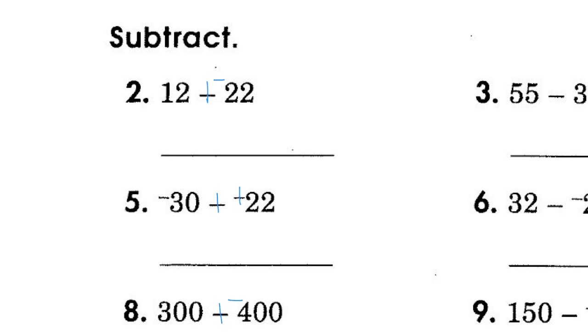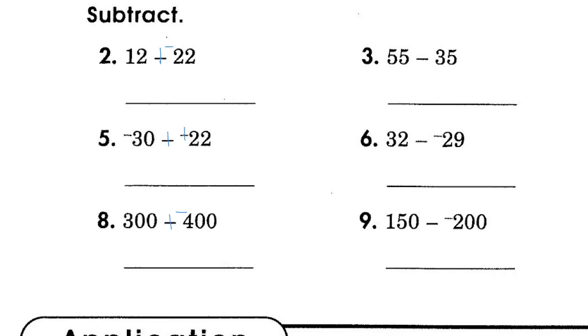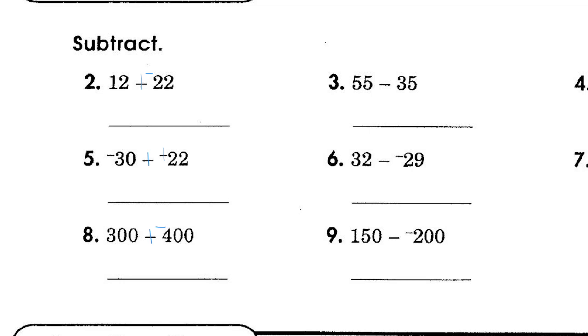Now, once I've gone through and added all of the opposites, I can go through and work out the problems. Now, yes, you can punch it in as 12 minus 22 on your calculator. That's your choice. You could punch it in as 12 plus negative 22. You could punch it in as negative 30 minus negative 22 or negative 30 plus 22. You could do it in your head.